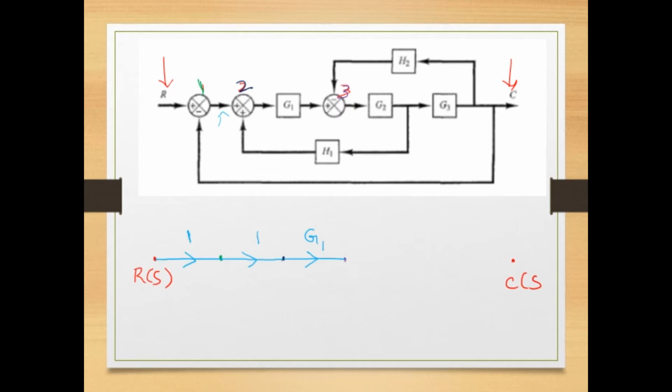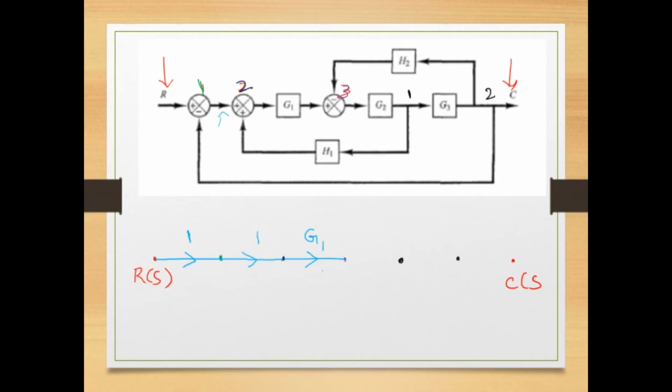Now I am going to represent the takeoff points. So this is my first takeoff point, this is the second takeoff point. Those two I have to represent now. This is my first takeoff point, which I represent as a node.